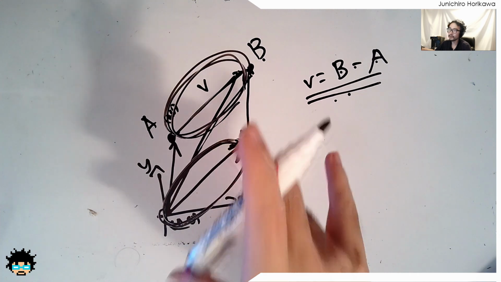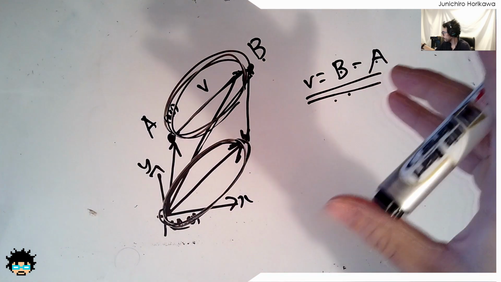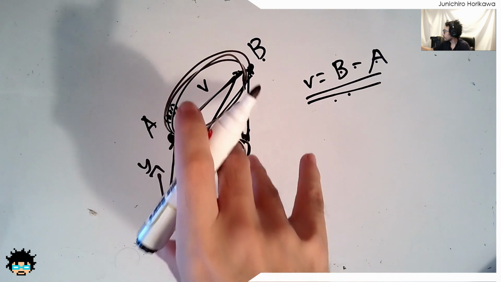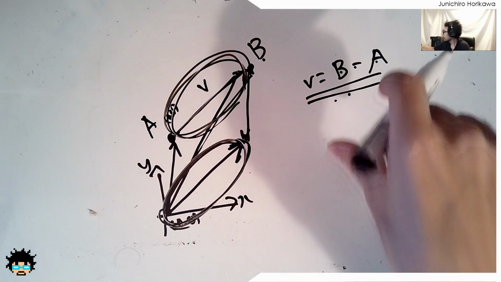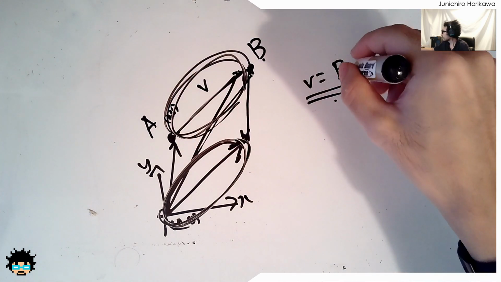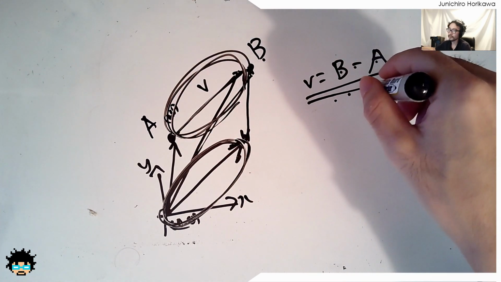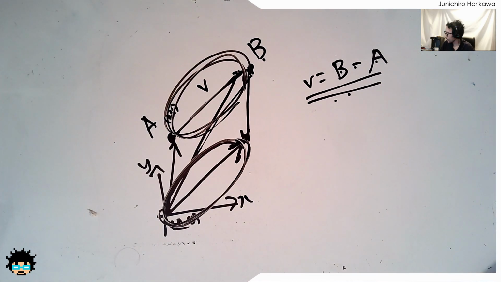It doesn't show where it starts from. That's why I'm saying these are the same, and that's why you get this vector by subtracting A from B. This is a pretty useful equation you use a lot when dealing with vector operations, so please do remember how this works and what it means.